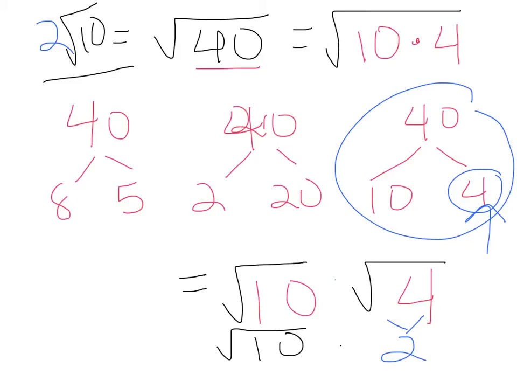But which one is the simplest one? The simplest one is this one because it has no perfect square factors in the radicand. Something with a radical and a multiplier outside of it. All right, that's it.